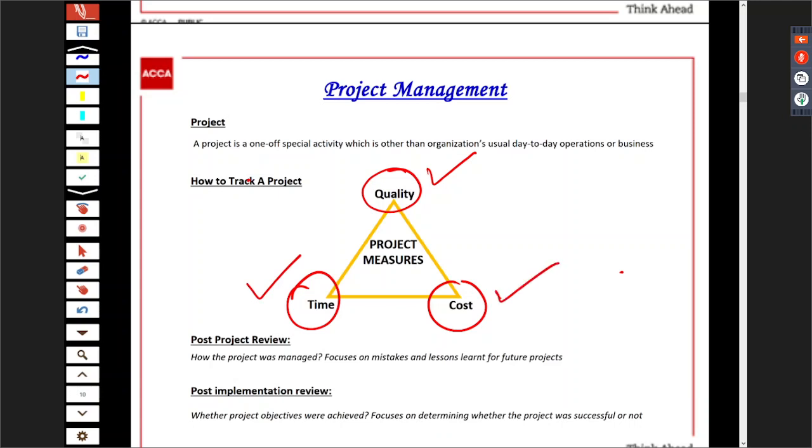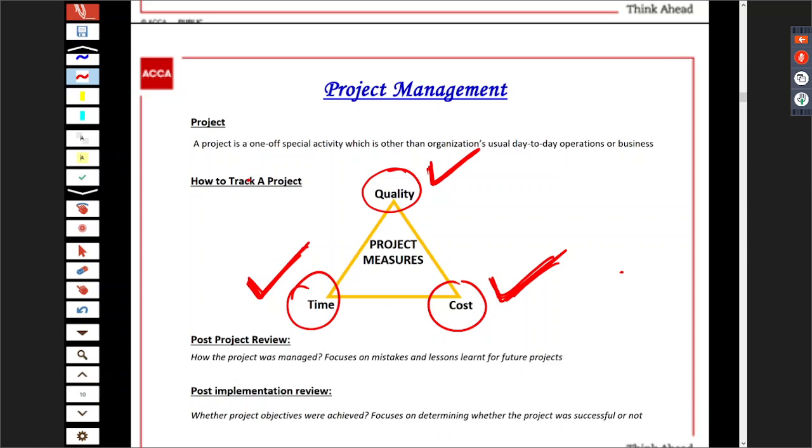So whenever we budget for a project, whenever we plan for a project, of course, we start with the specifications or the quality, what exactly is required. Then we need to allocate some timeline, that this will take like 1 year or 6 months or 2 years or 5 years, and we need to decide the cost.